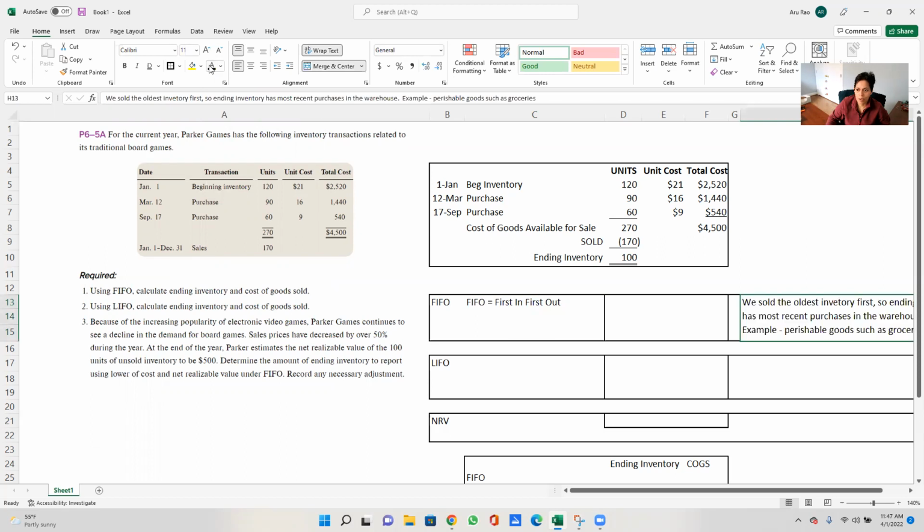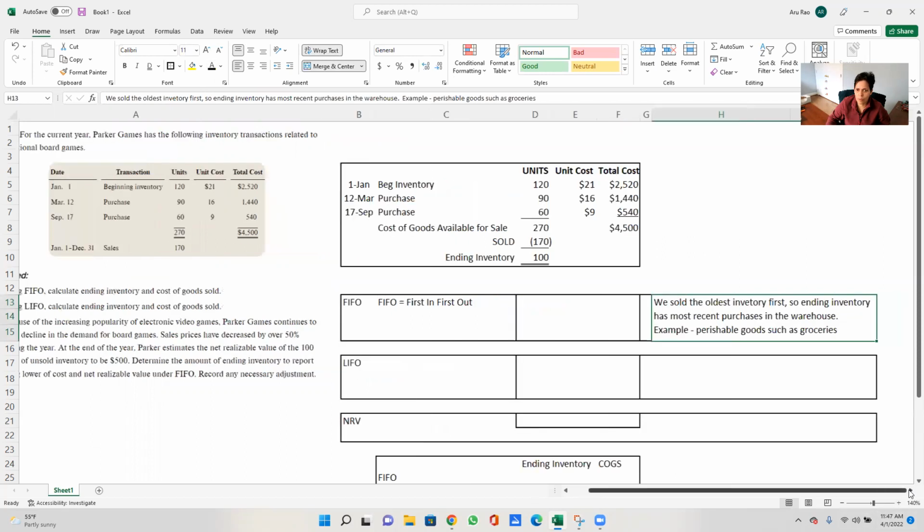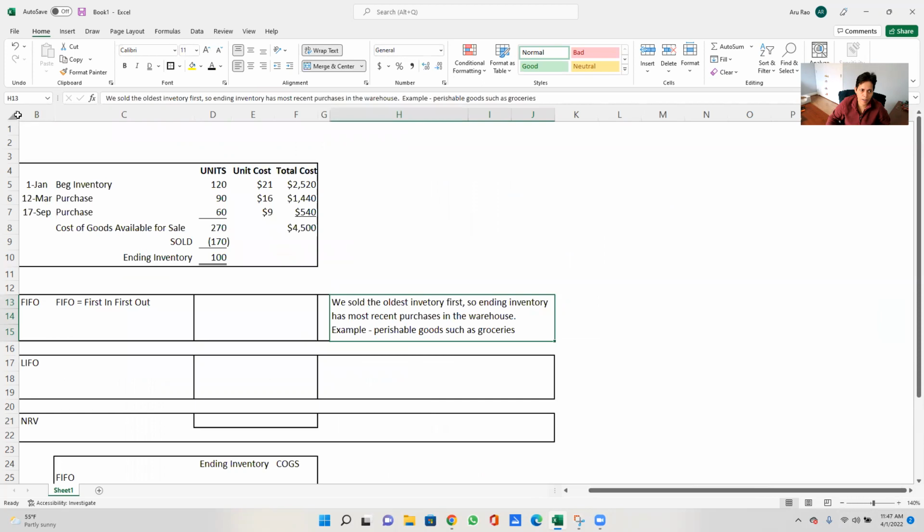Okay, so we sold the oldest inventory first. And what is remaining with us is the most recent purchase. So the best example is perishable goods such as groceries. Whatever you buy, you try to sell that first. You don't want to keep that sitting around.